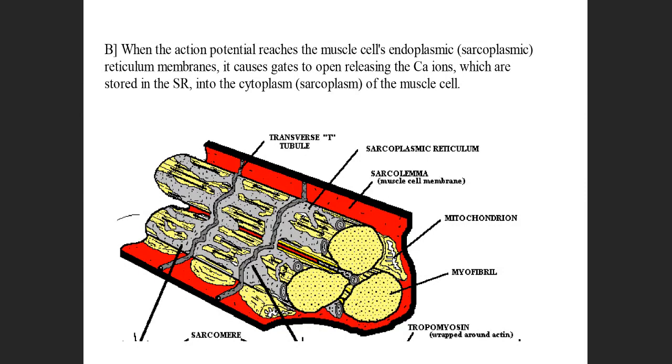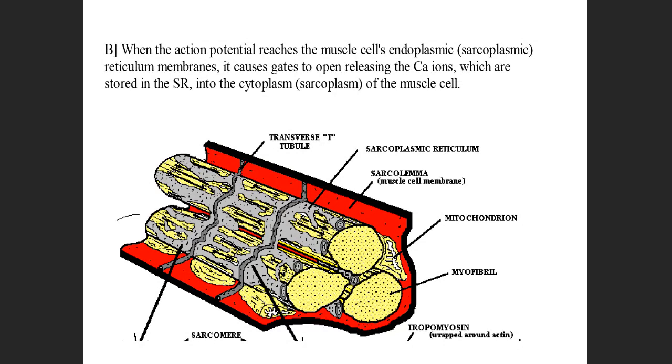When the muscle impulse reaches the cell's endoplasmic reticulum, it changes the shapes of some proteins on the membranes of that endoplasmic or sarcoplasmic reticulum, allowing calcium ions to leak out. Remember, we said that the ER or SR in this case can store things. It was one of its jobs when we talked about the cells. In this case, the sarcoplasmic reticulum was storing calcium ions.